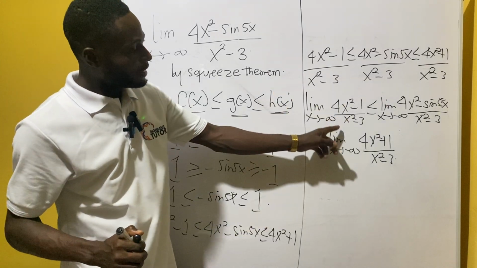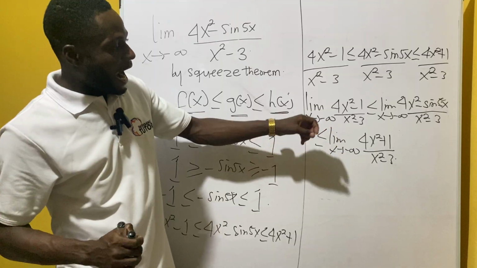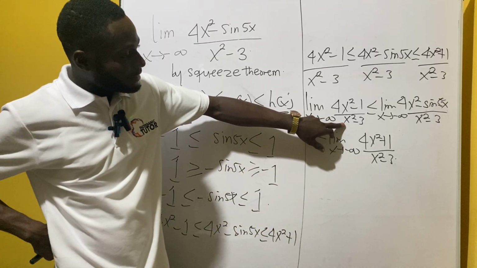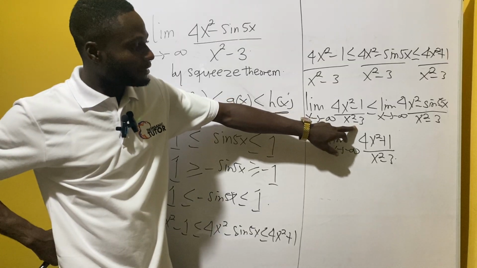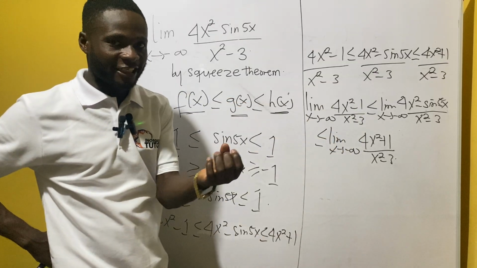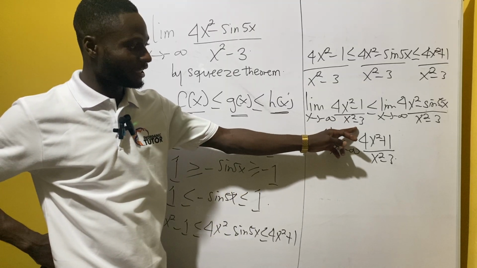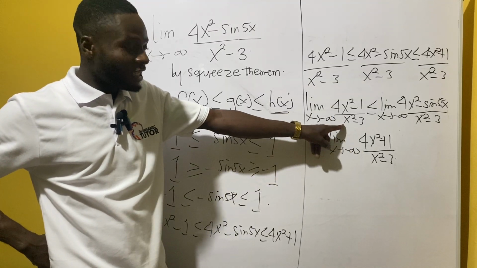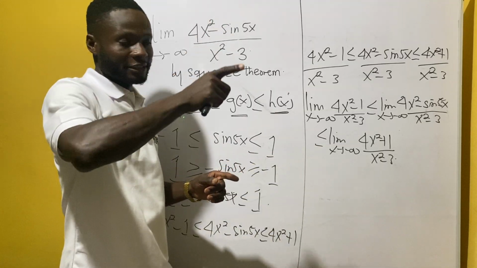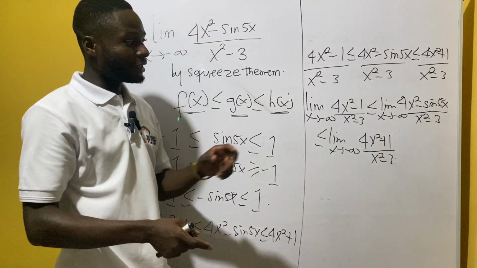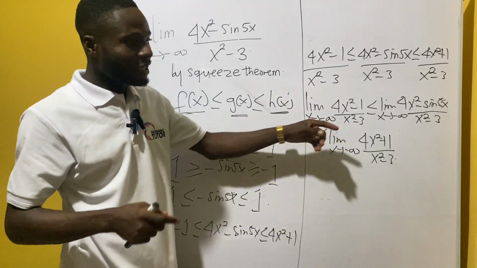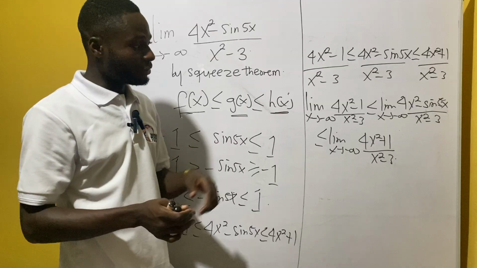We know that as the value of s increases, this negative 3 becomes negligible, because as s squared increases, since it's a parabola, this becomes negligible. So we assume that we are going to have 4s squared over s squared, and that cancels out, and we're going to have 4.